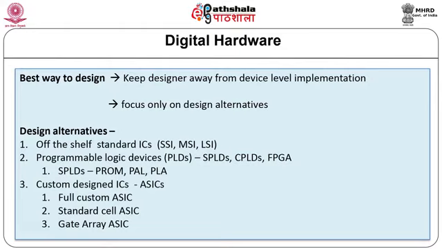This process of customization is expensive and complex and can be done in a manufacturing foundry or fabrication plant. These devices are called application specific ICs, that is ASIC. There are three types of custom design ICs: full custom ASIC, standard cell ASIC and gate array ASIC.